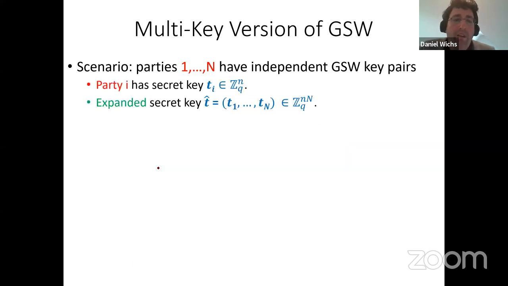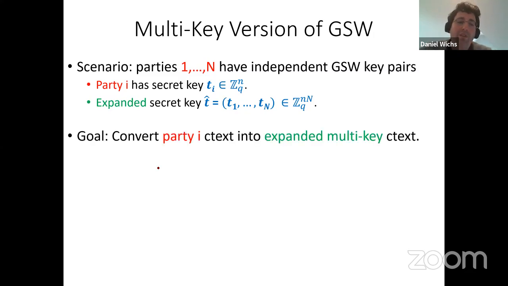Okay. So in this scenario, each party i has some secret key Ti, and its data is encrypted with respect to that secret key. I'm going to define an expanded secret key, which just consists of the concatenation of all the secret keys of all the parties. I'm just going to concatenate them together and call that vector T hat, the expanded secret key.